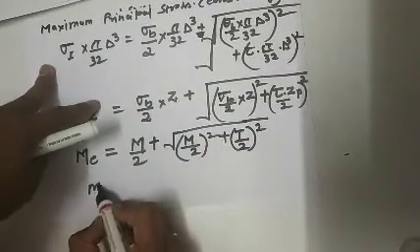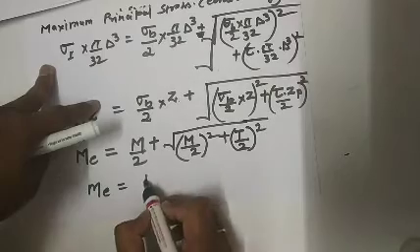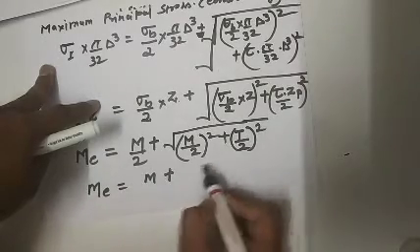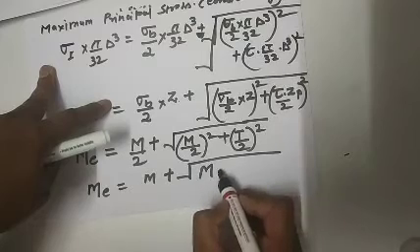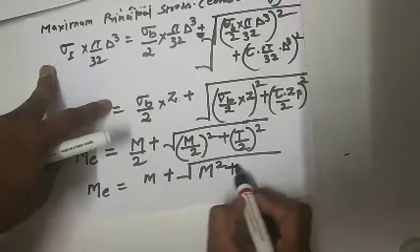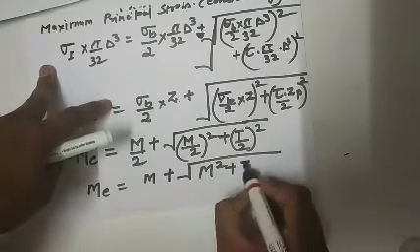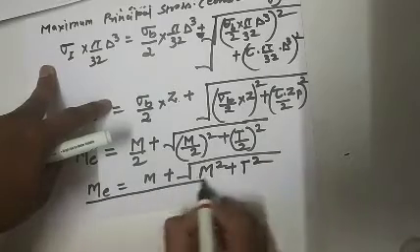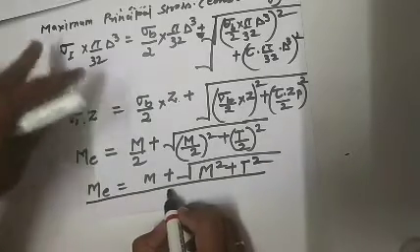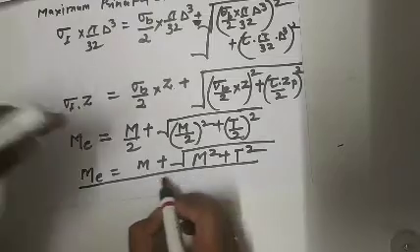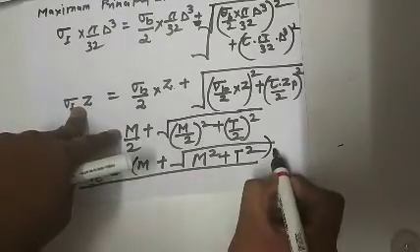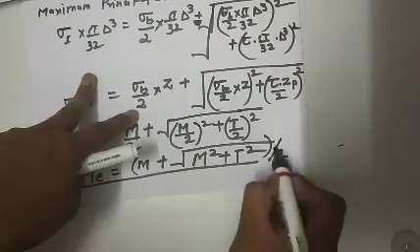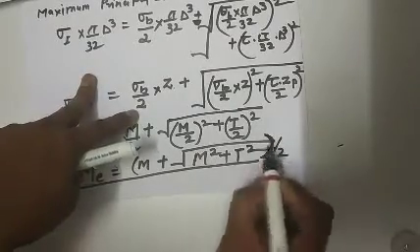Now this whole expression will be equal to Me equal to M plus under root M square plus T square, divided by 2, right?